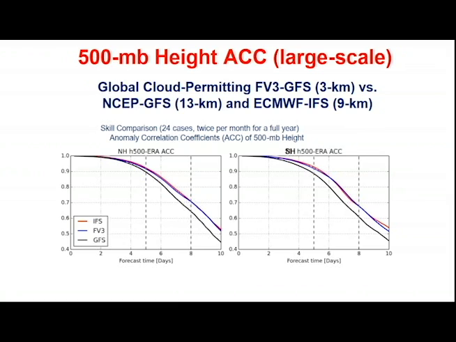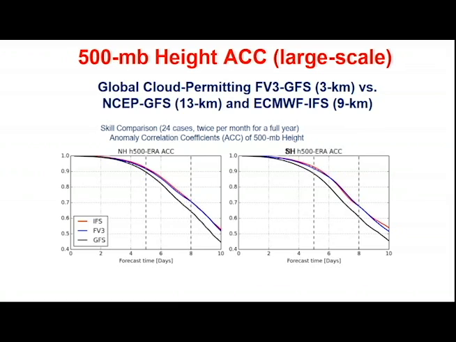We don't have deep cumulus parameterization, so you don't have that cumulus parameterization issue. But there's no guarantee you can do well on the large scale, 500 millibar height ACC. When you do this plot, it's standard practice to filter out all the small-scale features. Anything smaller than 200 kilometers gets filtered out, so what you are seeing is just the large scale.